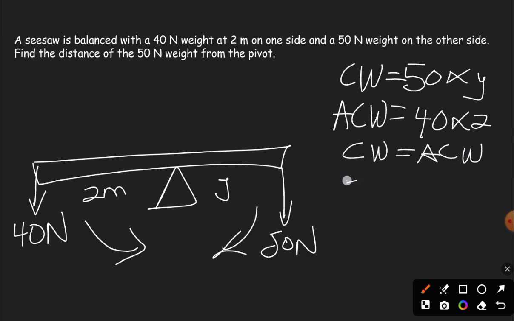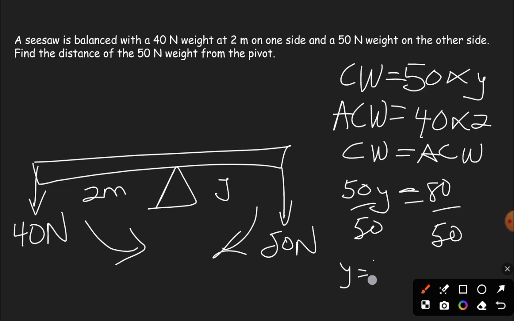So we are going to have 50y equals 80. Divide both sides by 50 over 50. We are going to have y equals 1.6 meters. So this weight is supposed to be 1.6 meters away from the center.